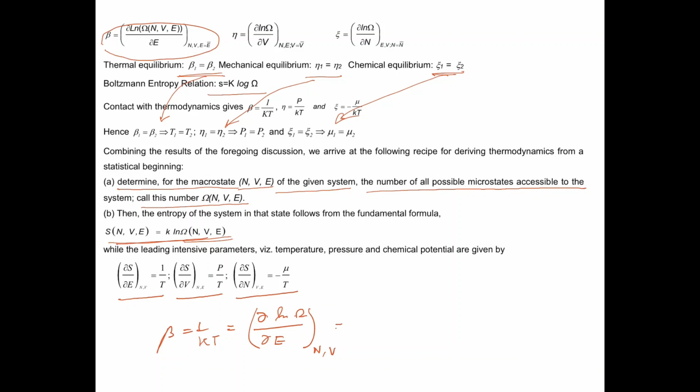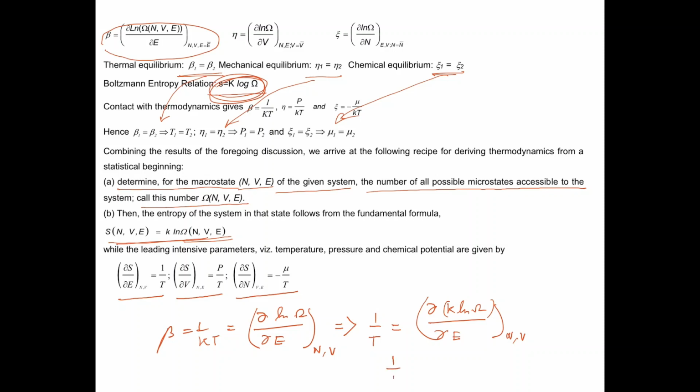So that leads to, if you write 1 by T equal to ∂ K log omega by ∂E at constant N and V, and K log omega is S, that is entropy.